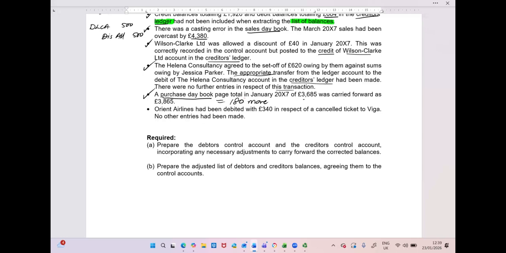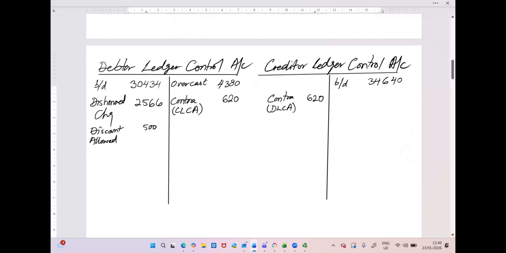So what we need to do is we need to reduce the balance in the control account, because the error is in the purchase day book. So the purchase day book error is transferred into the creditor ledger control account. So we need to reduce it by 180, and we'll call it transposition error.